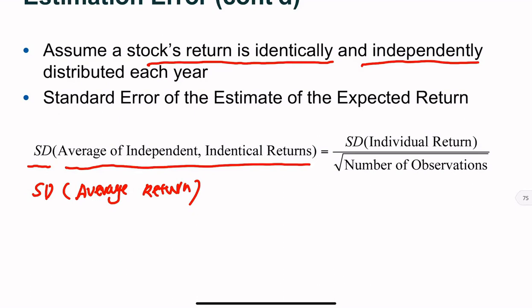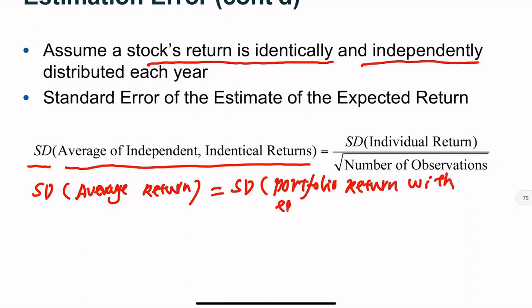So in this case, we have learned, okay, let me write this down. Average return can be considered as a portfolio return with equally weighted stocks, right? And we have learned about this, right?